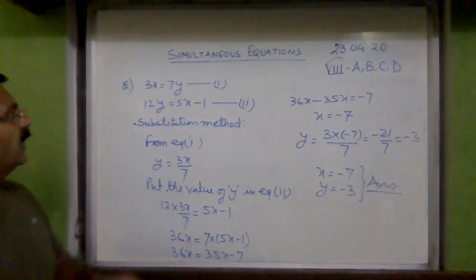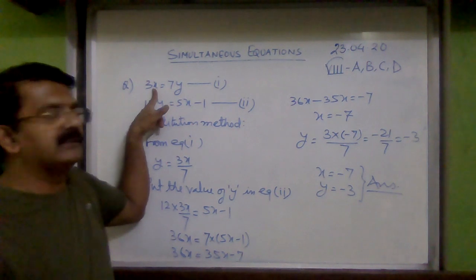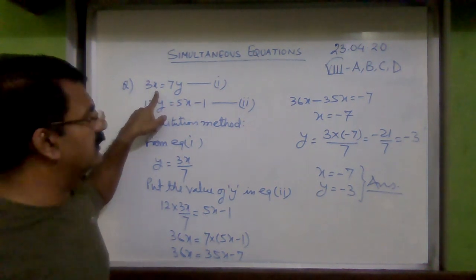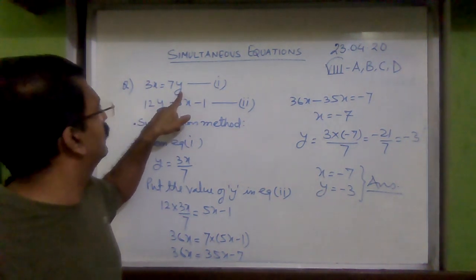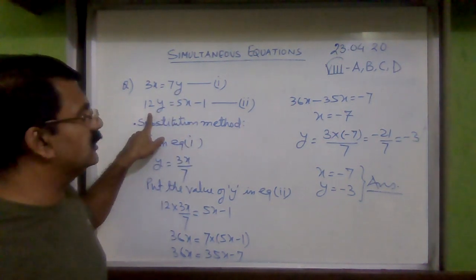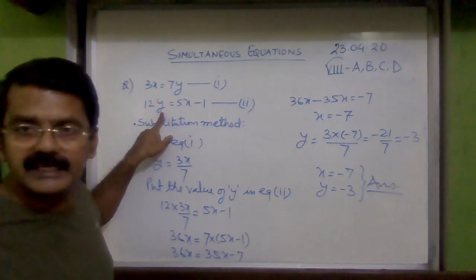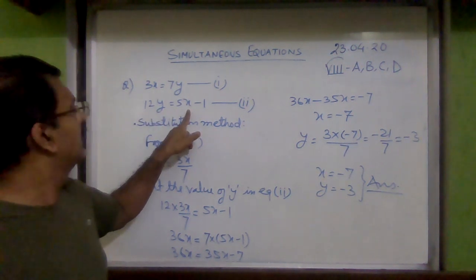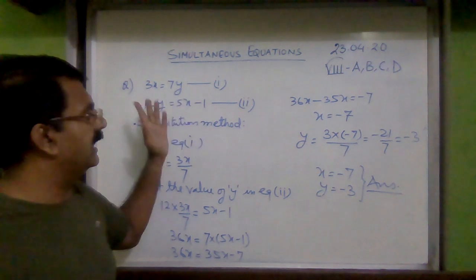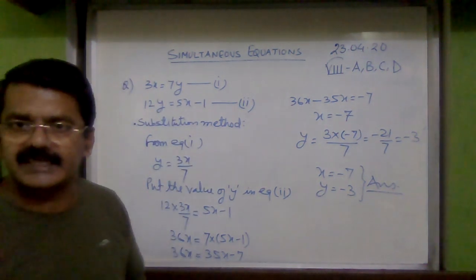If you verify your answer, here if you put x is equal to minus 7, then it will be minus 21. And here if you put y is equal to minus 3, once again minus 21. And here also, if you put y is equal to minus 3, 12 into minus 3 will be minus 36. And here minus 35 and minus 1, again minus 36. Clear? Now the next example.